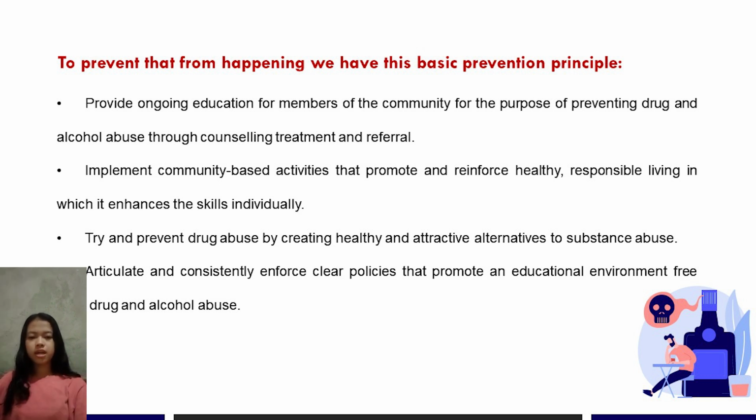The second one is to promote or implement community-based activities that promote and reinforce healthy, responsible living, which enhances skills individually. Community-based activity strategies are designed to increase community readiness and engage communities in prevention techniques and actions to reduce the use of harmful legal products.